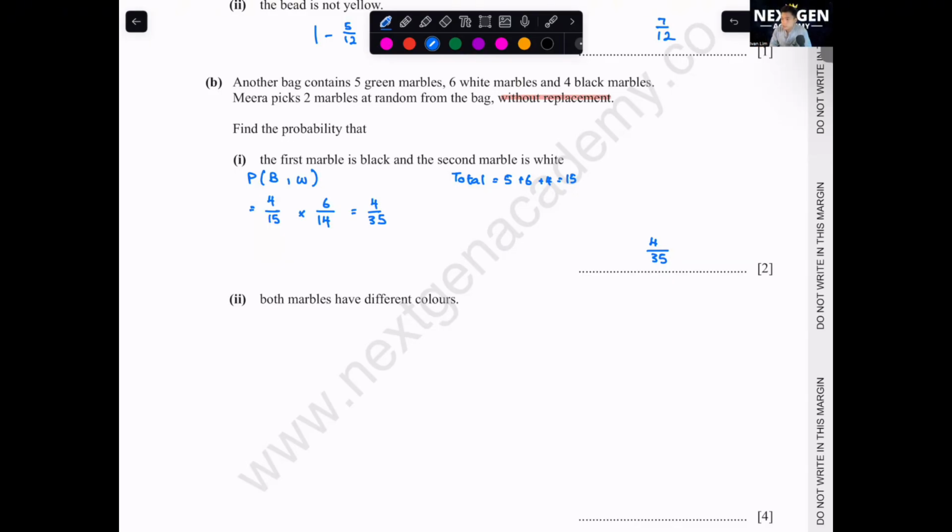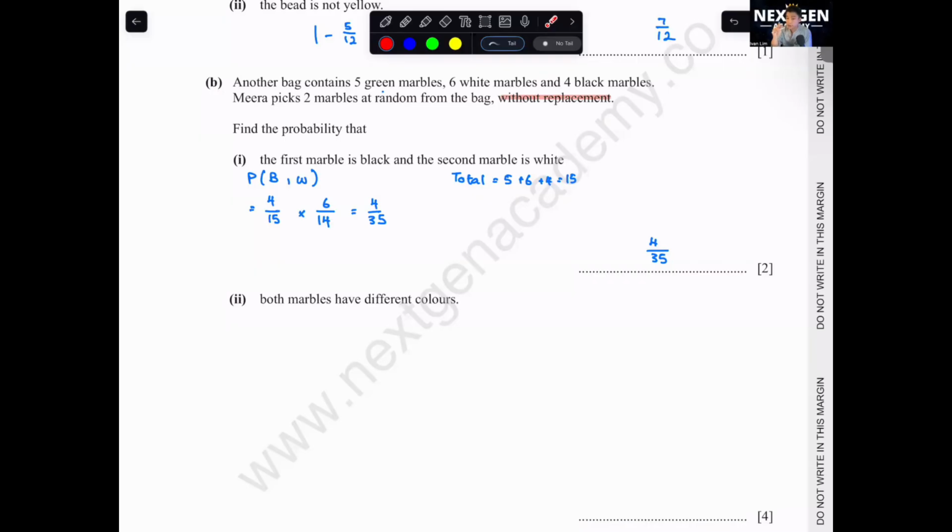You can either find, because they say you want 2 different colors, the working might be a bit longer because you have to consider the position of it also. So you need to take green, white, green, black, and then white, black, but you need to multiply all of it by 2, because you can do the other way around also. That means the position of it.